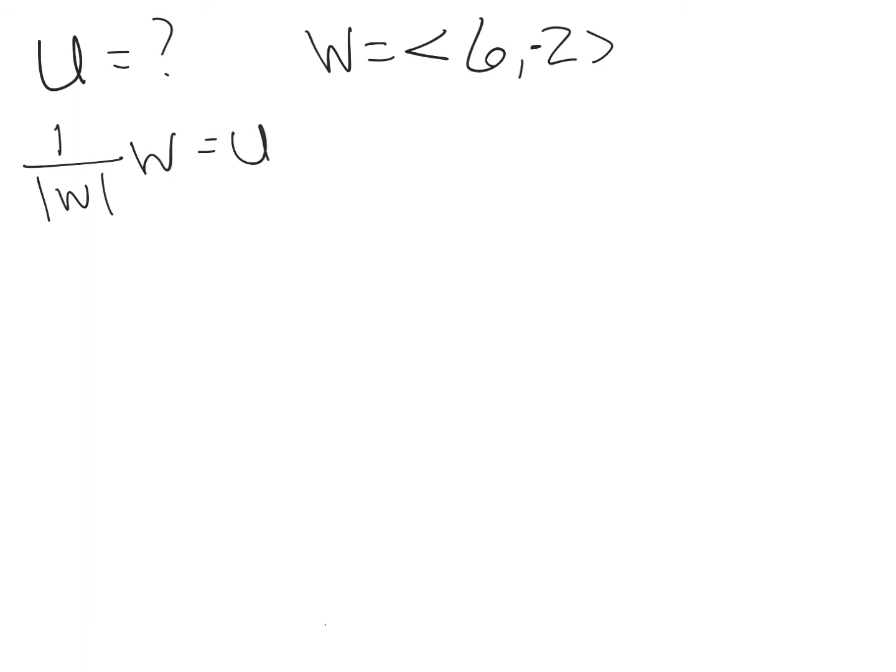So do the Pythagorean theorem to find the magnitude of w, and then scalar multiply it with the w piece. Go ahead, pause it, try to do what you can, and then play it when you're ready, and I'll come back and walk you through it if you are lost. If you are not lost, just check your answer and you can move on.